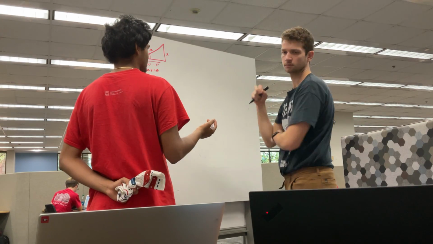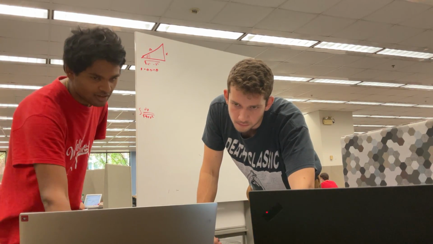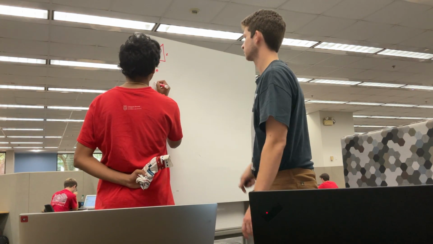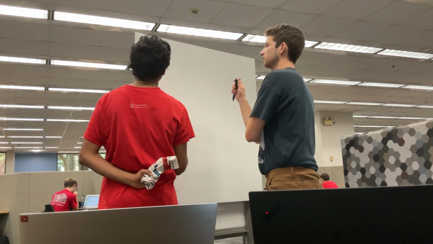Does that make sense logically? So if we isolated this one, we know that cosine is equal to adjacent over hypotenuse.